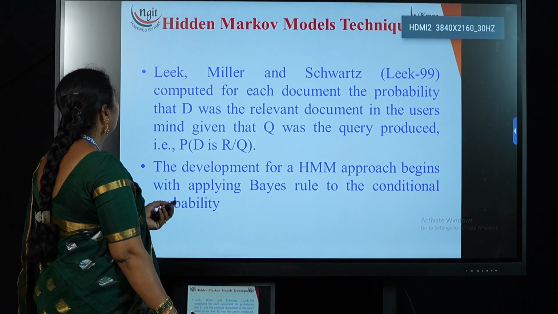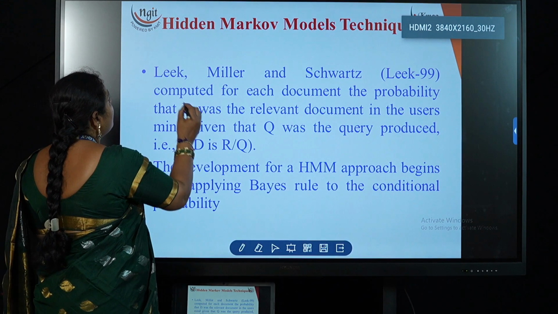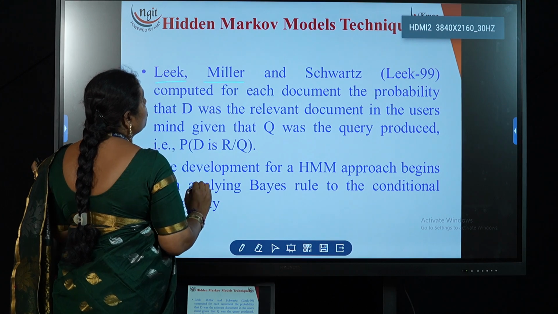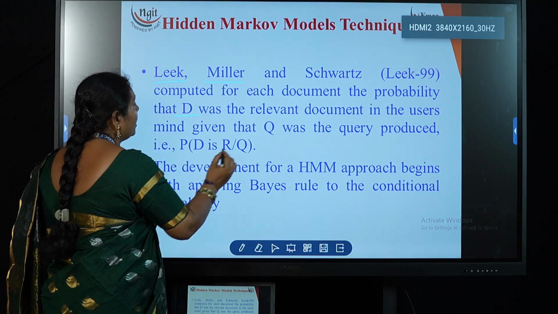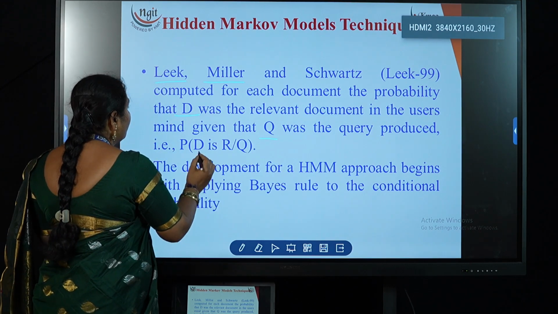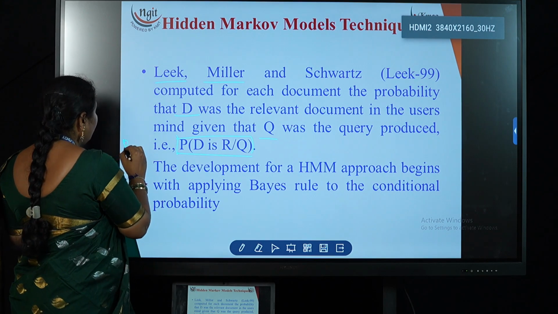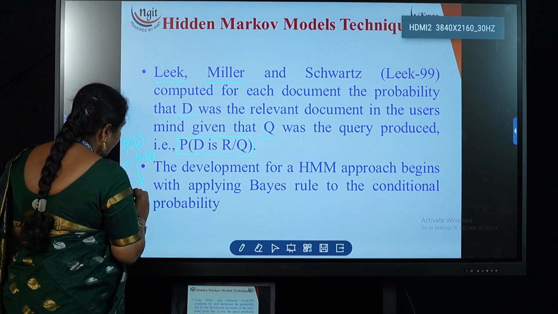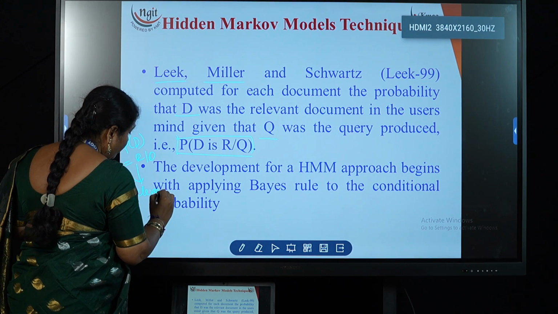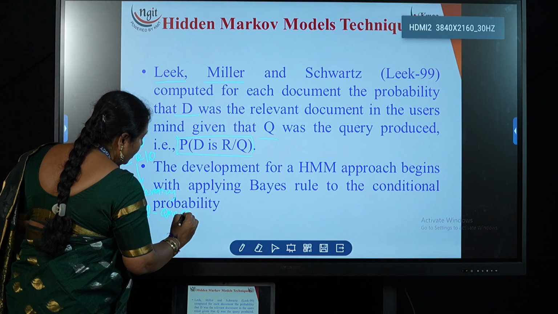These are the persons who have worked on this: Leek, Miller and Schwartz, who defined D as a relevant document and Q as the query. You have to produce a query like this. What is P of D? P of D equal to R by Q, where R implies relevancy and Q implies the query.